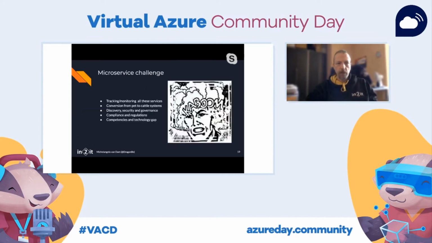But along with microservices also came other challenges, and the complexity of tracking all these services and converting the server management into herding cattle was one of the major constraints in managing these microservices.